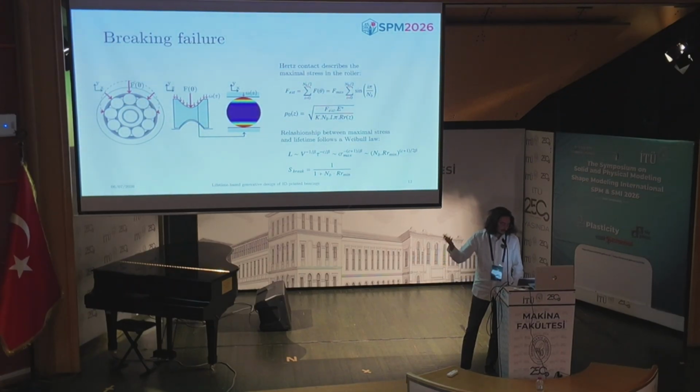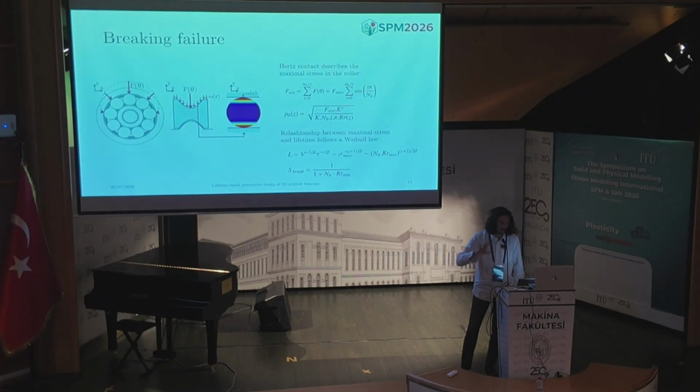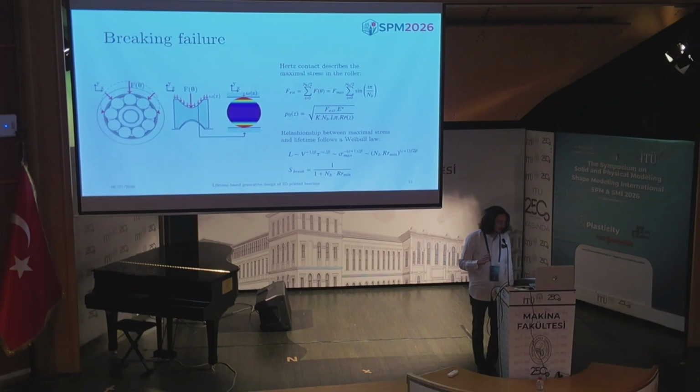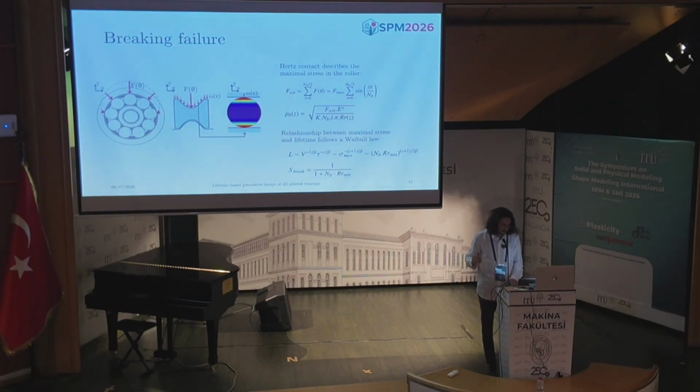And then we have the relationship between maximal stress and lifetime that follows Weibull law, because this is how it is today in classic steel bearing, and we reproduce it to plastic bearing, considering that it will follow the same mechanical rules, adjusting all the coefficients. Actually, as we will see later, it works pretty well. So that's how we designed our score for breaking.